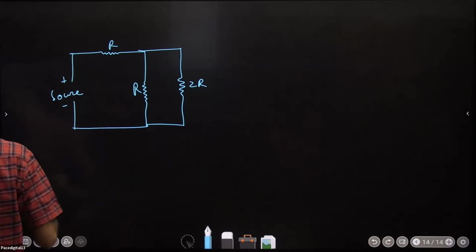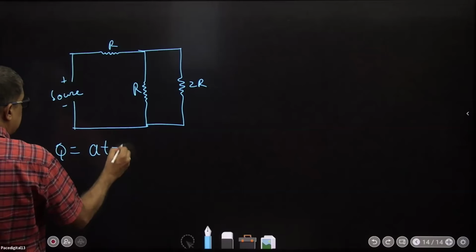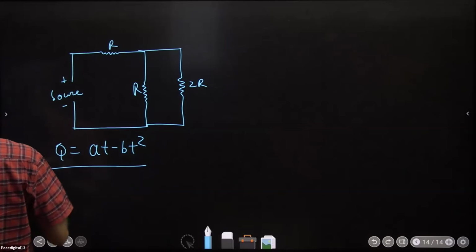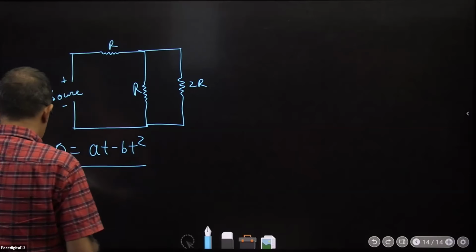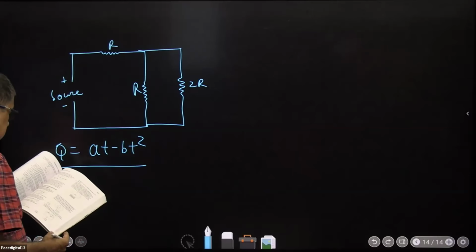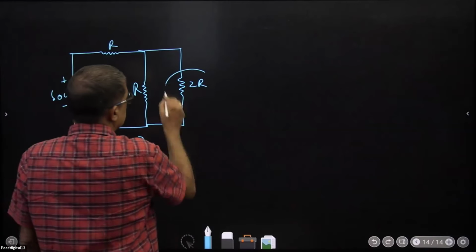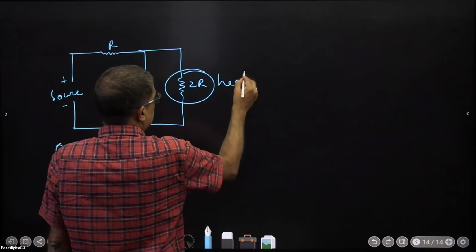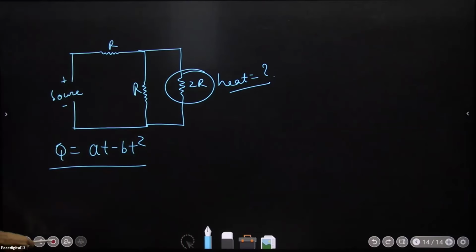Charge supplied by the source varies with time as AT minus BT square. Find the total heat produced in the resistor 2R.